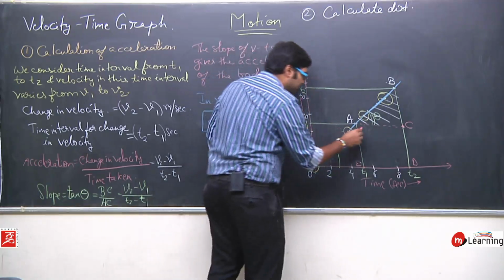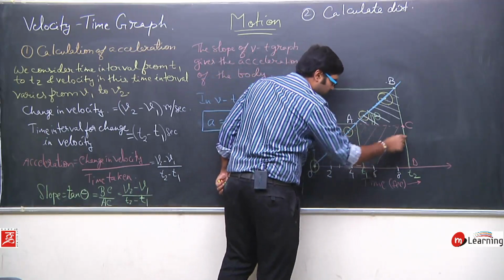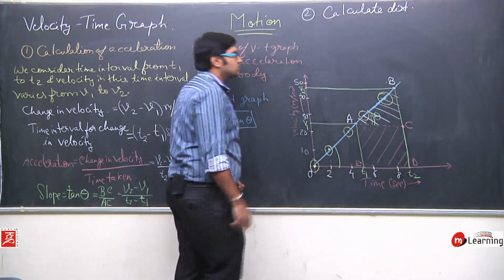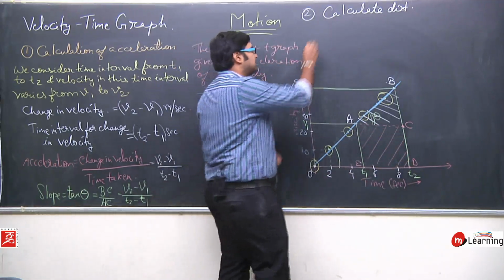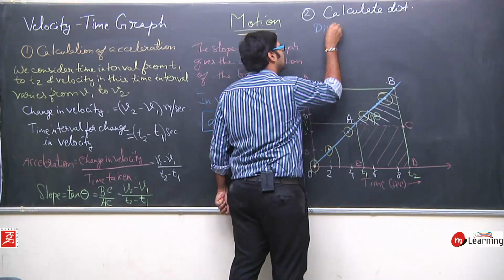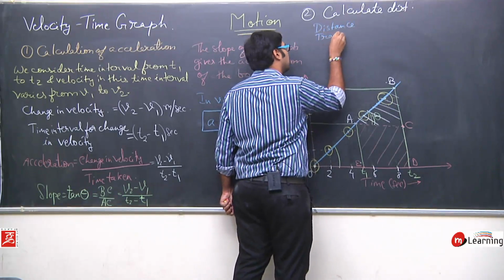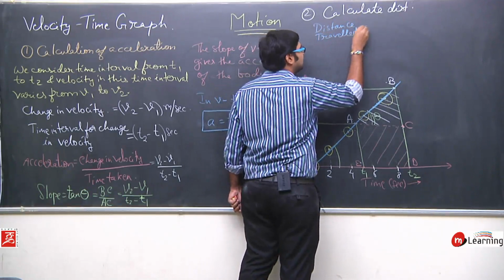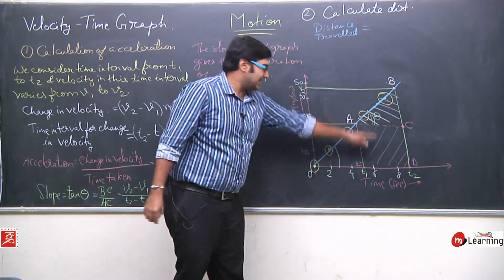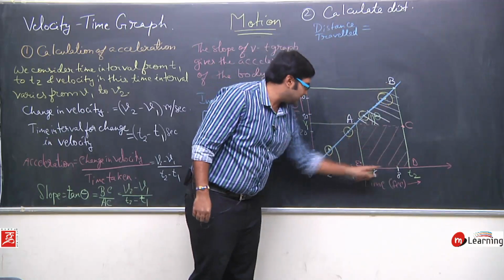So here I will write, distance travelled is equal to what? Now in this case we are considering this A, B, D, E.